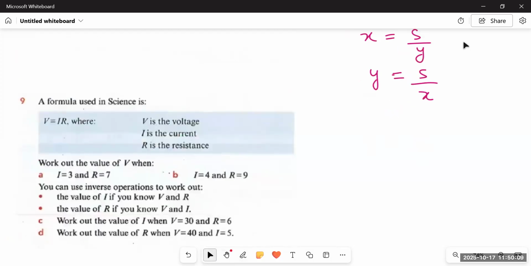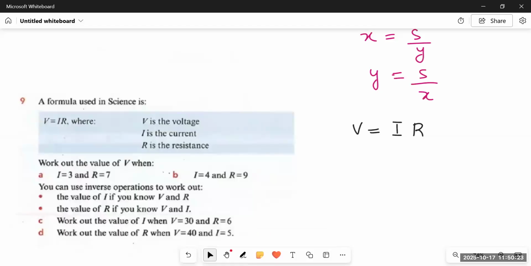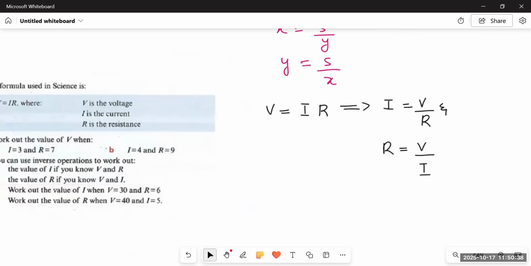So here in this case, if they are saying V is equal to IR, that is V is the product of I and R. Voltage is the product of the amount of current and the amount of resistance. So we can also say over here, if V is equal to IR, then I is equal to V upon R and R is equal to V upon I. Let's see what is required in the question.